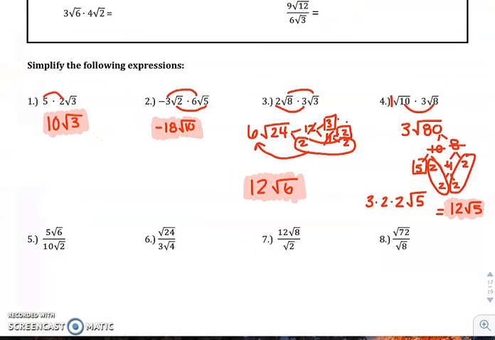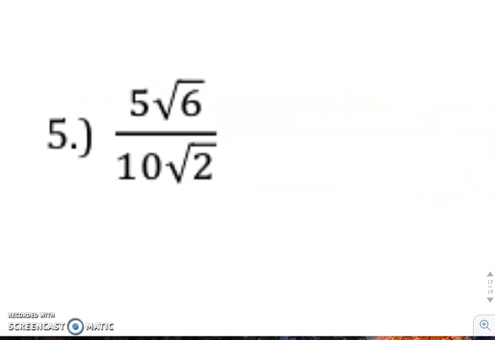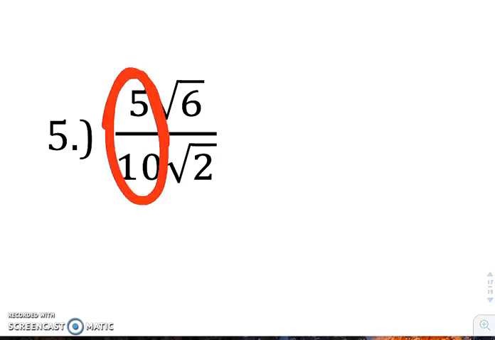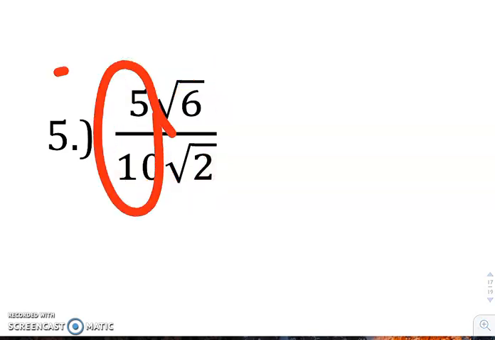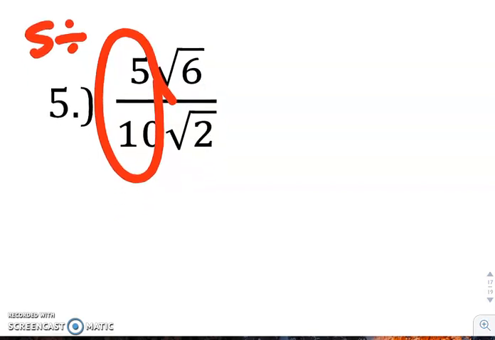So let's look at the division ones now. 5 root 6 over 10 root 2. Remember, just like multiplying, with dividing you're doing like parts. We're going to see if we can reduce the coefficients in the front, then if we can reduce the roots. 5 and 10 can both be divisible by 5. If you divide both of those by 5, you get 1 on the top. 10 divided by 5 is 2 on the bottom.